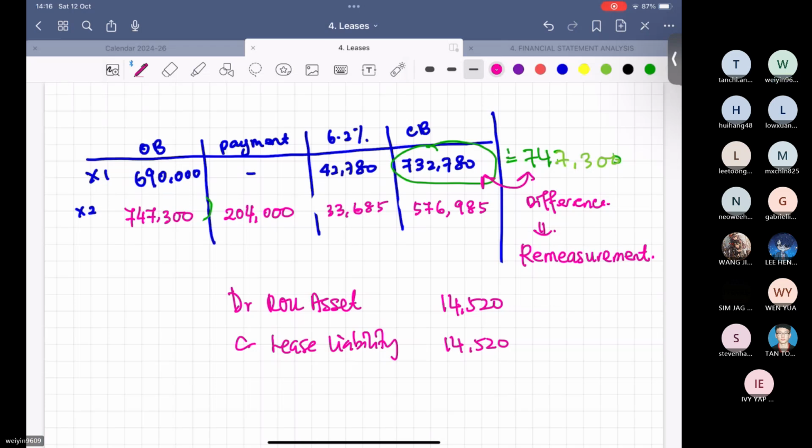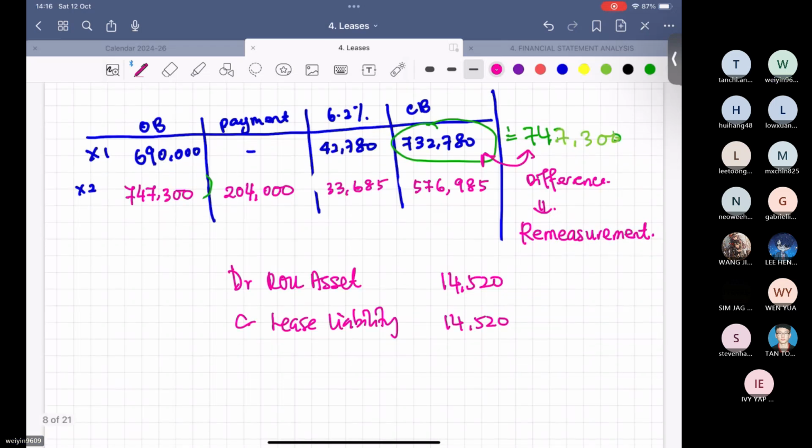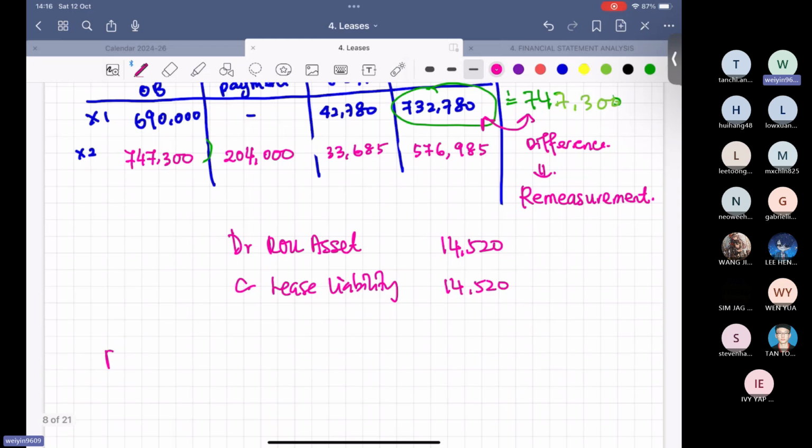Okay. After you change your liability, see, my ROU asset carrying amount will equal 890,000 minus my original liability, and then I add another 14,520.